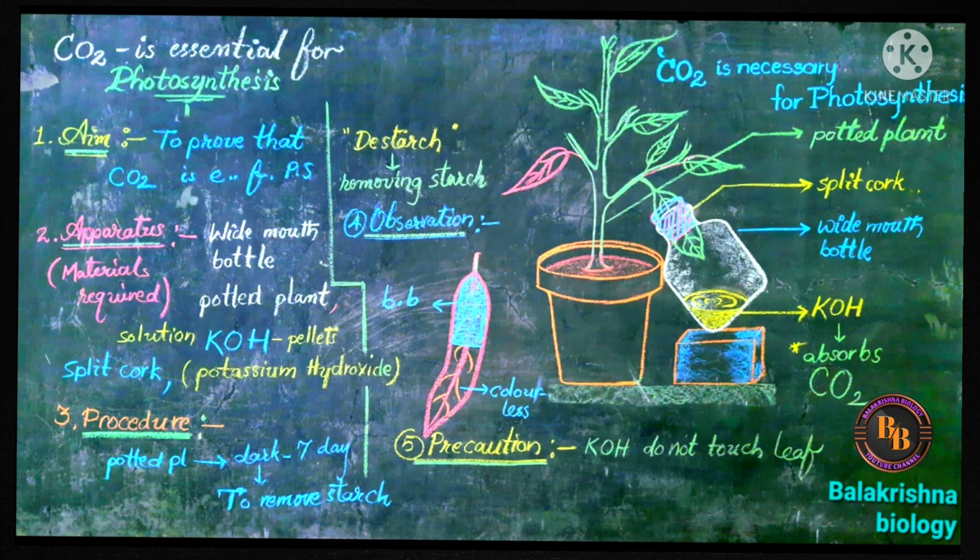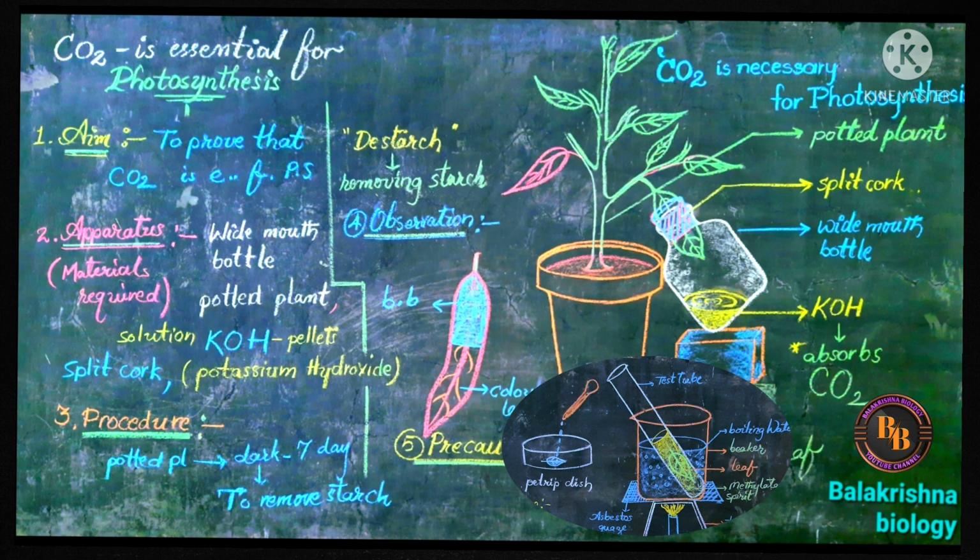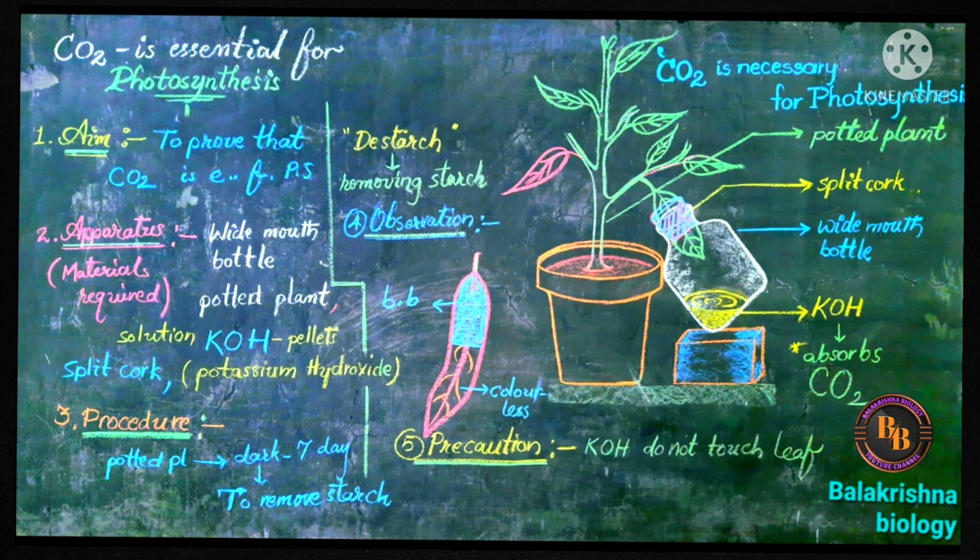Also we do an iodine test on any other leaf of the potted plant. Here we test the leaf which is present in the glass bottle and also a leaf which is present on the plant at any place.